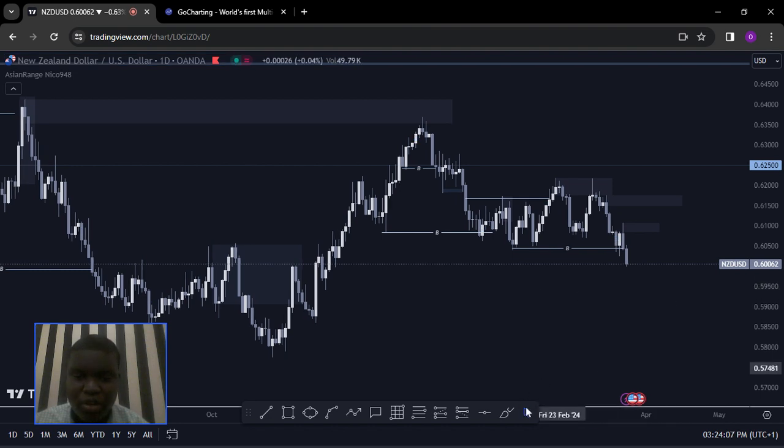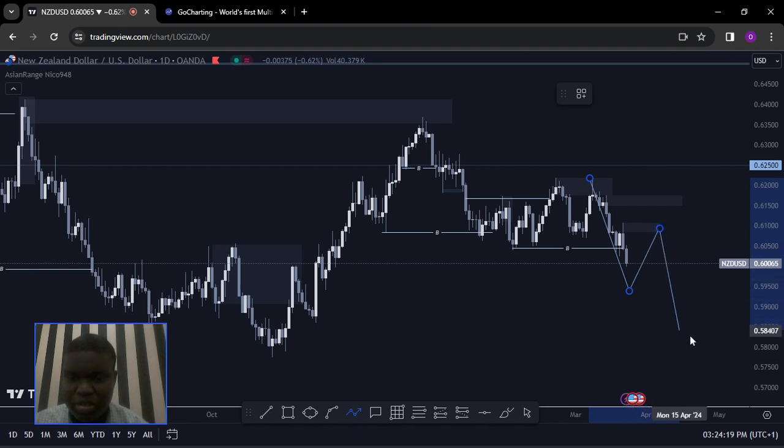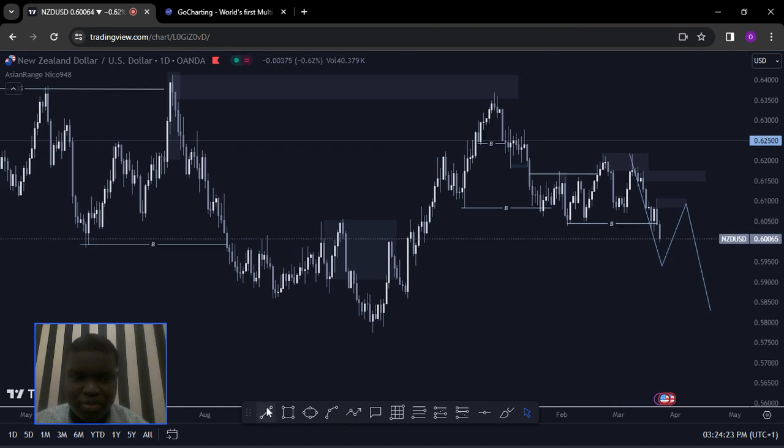So after a break of structure, what's expected? After a break of structure like this, pullback is expected to further this swing leg. So what is our final target? Our final target is here.